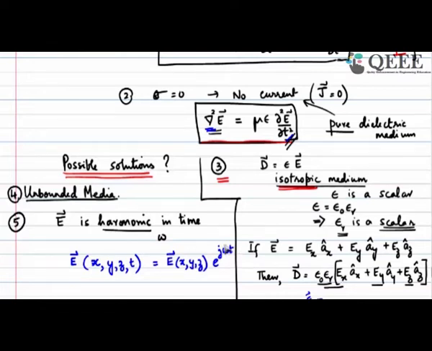I will be able to write this vector as E, which is a function of only x, y, z, and the time dependence is contained here, e power j omega t. I am using a phasor representation. If you have done AC circuits, in electric circuits, you would have used phasors.